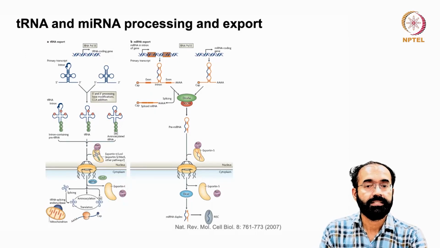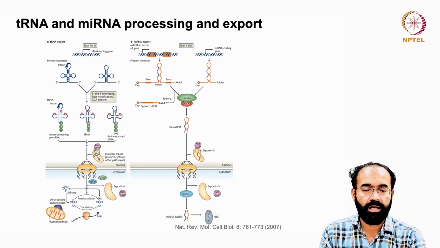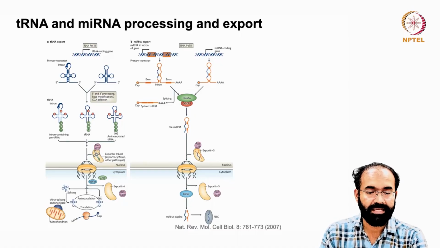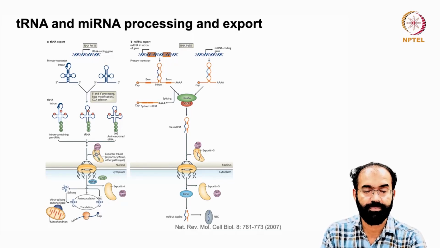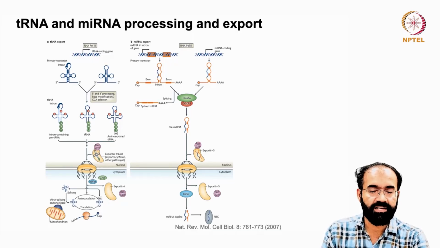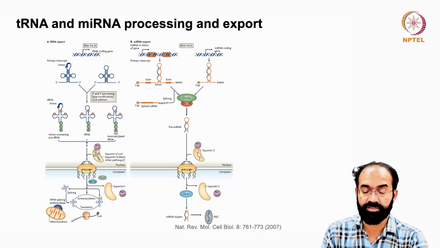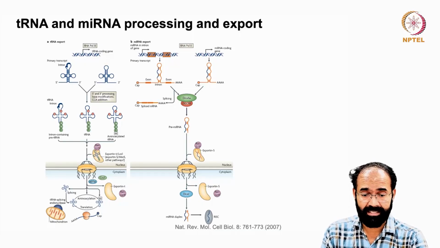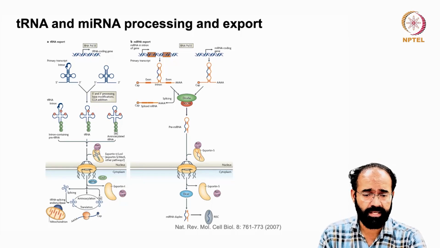So, the transfer RNA and microRNA processing and export can be seen in this cartoon. You can see the entire top section is the nucleus, and the bottom below this line is the cytoplasm, which is clearly mentioned here. And transfer RNA, we saw there are three species of transfer RNA: incomplete, complete and aminoacylated. They pass through the nuclear pore complex and function in the cytoplasm.